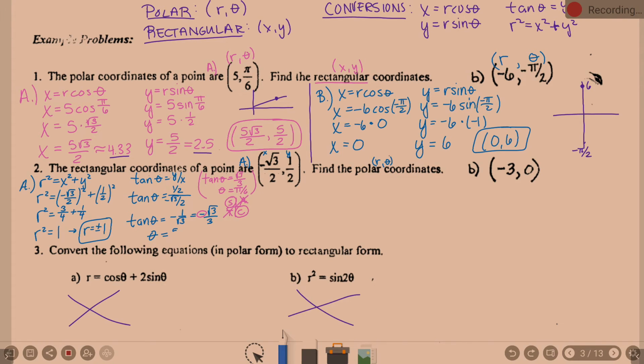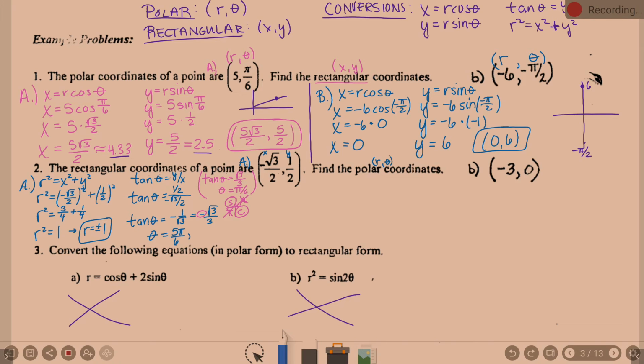Where do I have it expressed here? What's the other angle I need? 11 pi over 6. Could we say 11 pi over 6 in quadrant 4? Yes. I have 11 pi over 6 kind of in parentheses.